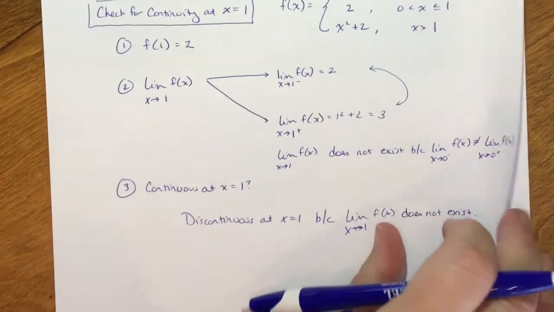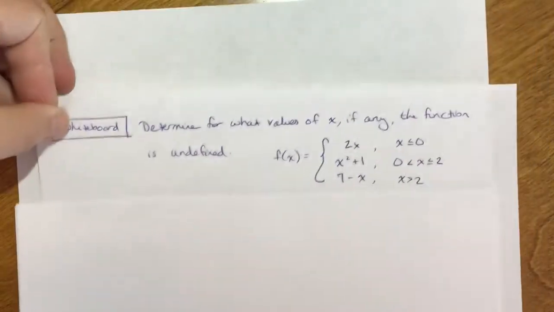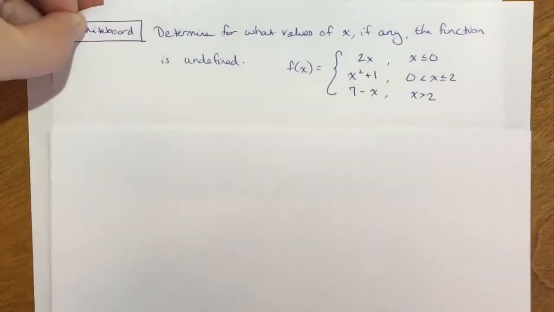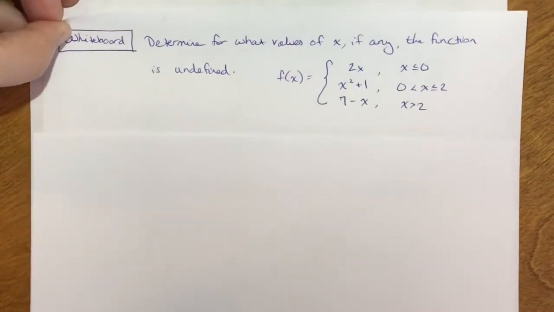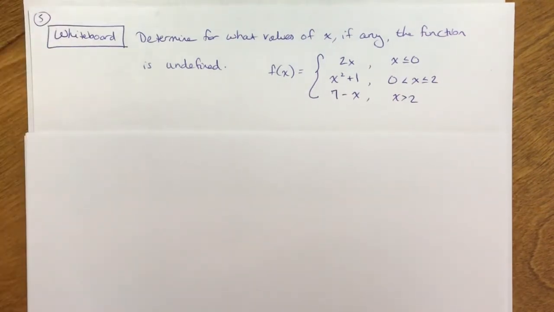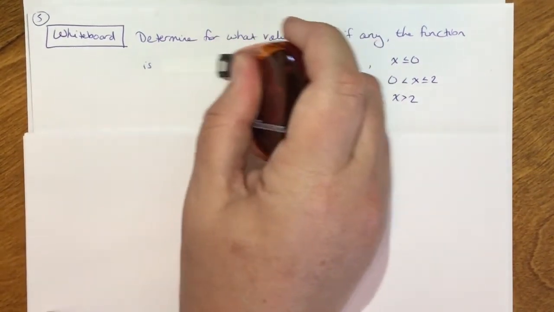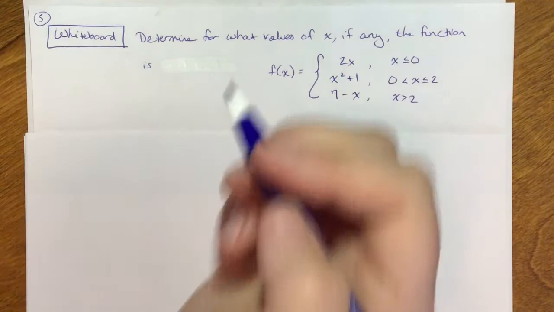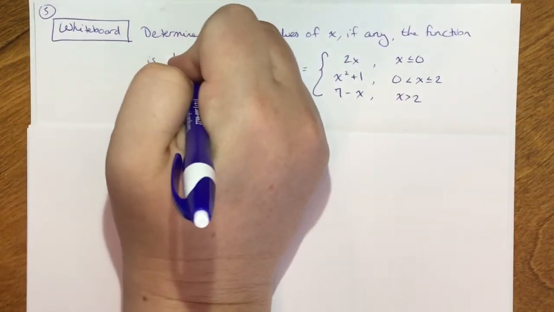All right, let's try one. Just like a whiteboard problem, I want you to look at this function and decide for what x values, if any, the function is discontinuous. Oh, I didn't mean undefined, I meant discontinuous. There we go.